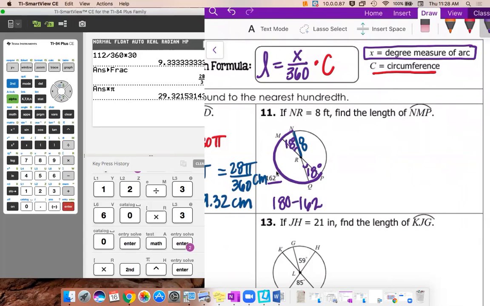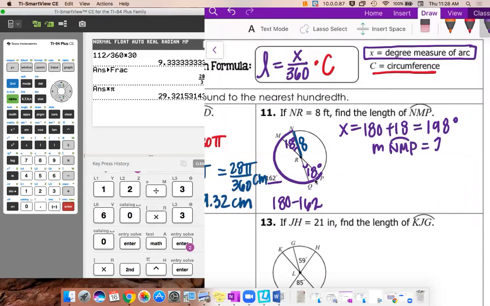So if I want to get the angle of this whole arc, the x value that we're going to use in this formula up here, you just do 180 plus 18, because 180 would give you this portion, and then you add this extra 18. So the angle that we're going to use is 198 degrees, because that is the measure of arc NMP.